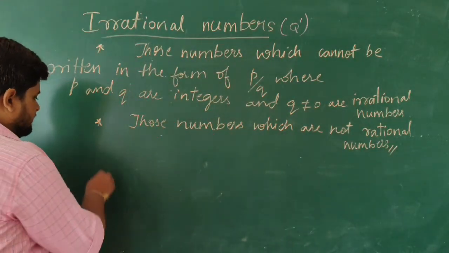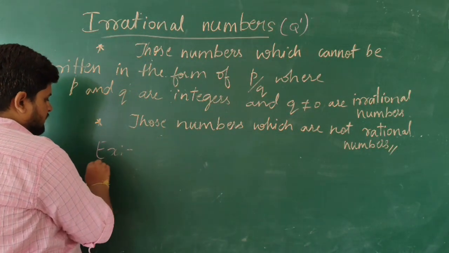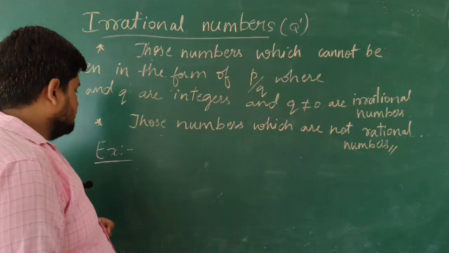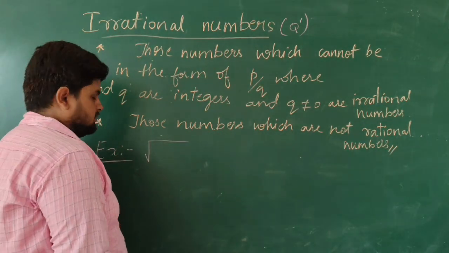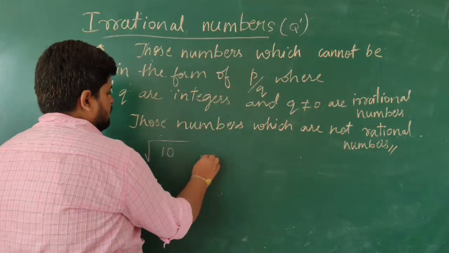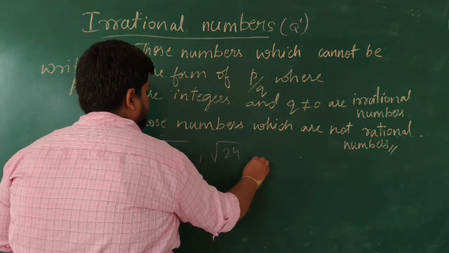For example, we take the square root of all the non-perfect square numbers, such as square root of 10 or square root of 24.